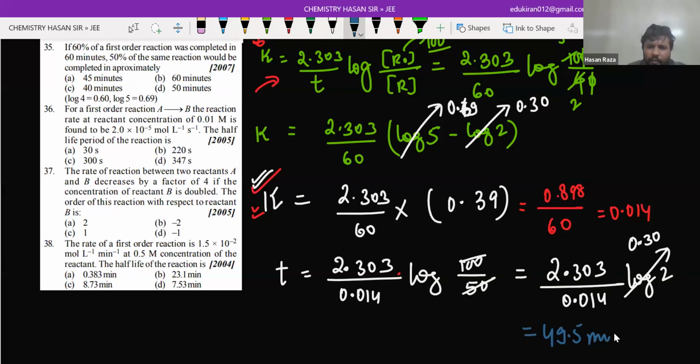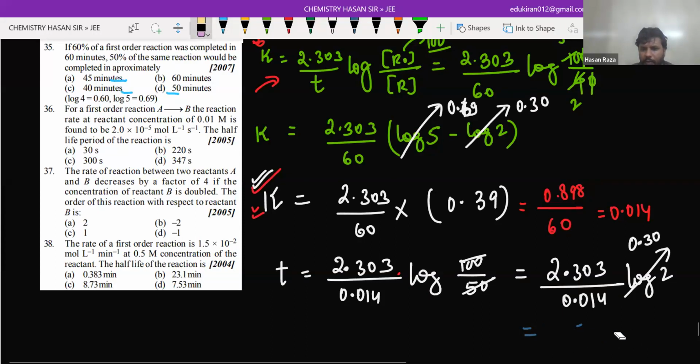You can use any formula. Actually, the given answer is incorrect, I think. So D is the answer. You have to be very careful while you solve this, because the values are very near to each other.